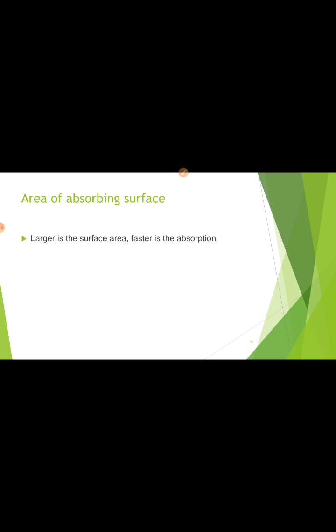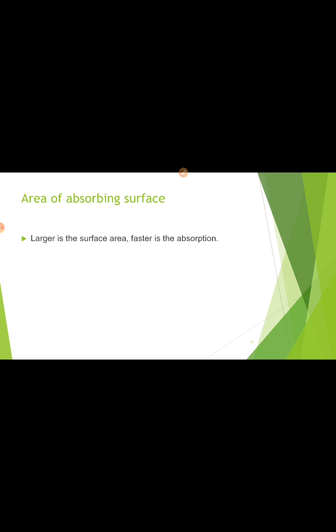The third point is area of absorbing surface. The larger the area, the faster is the absorption. To give you a simple example, again you must have studied in physiology, if the drug is given and it goes into the small intestine, what is the area of the small intestine? It is very large as compared to the large intestine and stomach, right?